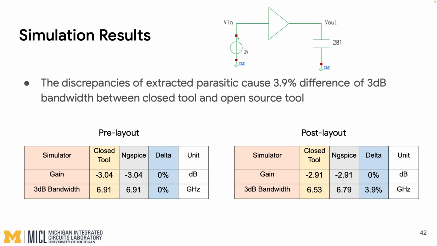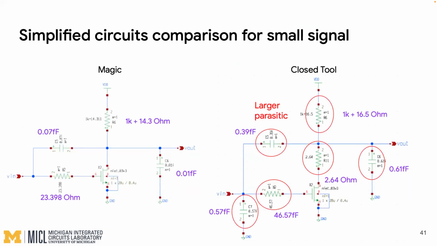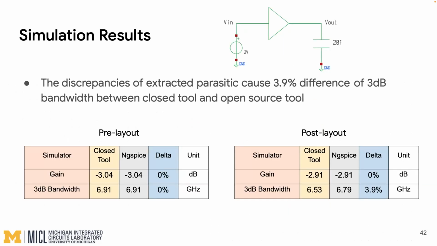You can see that the bandwidth from ngSpice is actually larger than the closed tool, which meets our observation here, because the closed tool has a larger parasitic, so it might have a lower bandwidth. These discrepancies give you 3.9% of difference on the bandwidth between both tools.